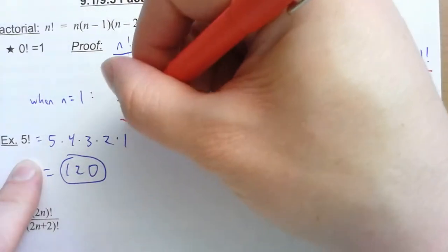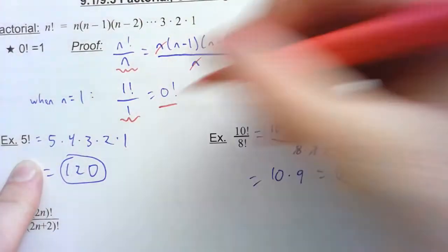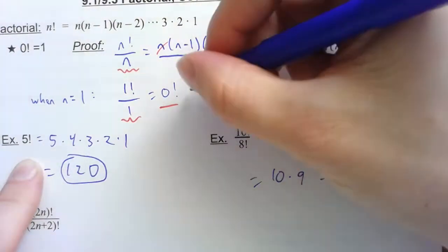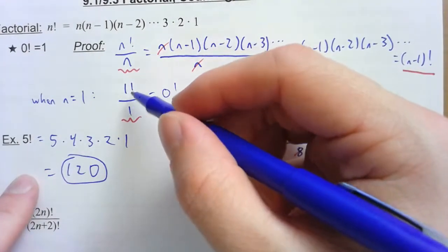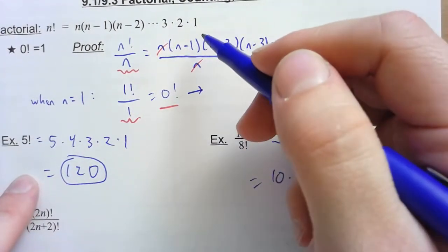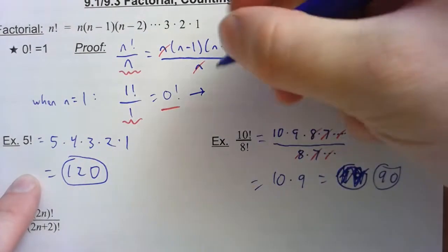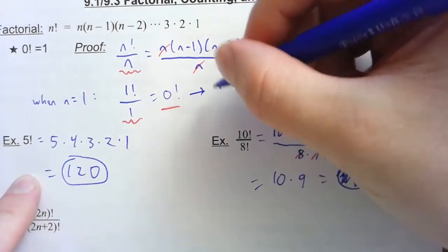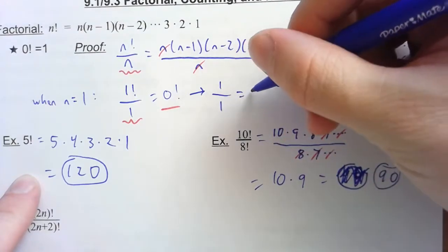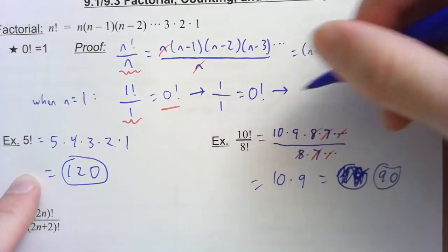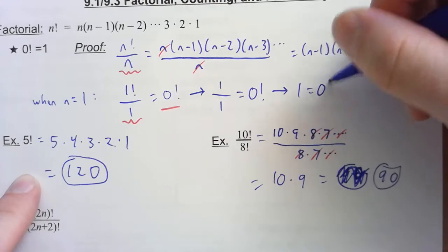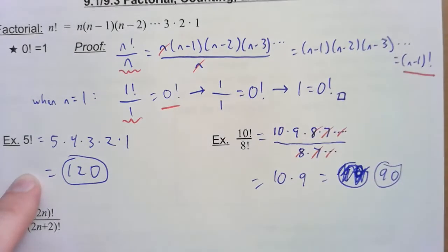Well, what is 1 factorial? You start at 1, and then there's no other smaller number, so you just stop at 1. So 1 by itself, multiplied by nothing else. So we just get 1, and then over 1 equals 0 factorial. So that means that 1 has to equal 0 factorial. There we go, we proved it.